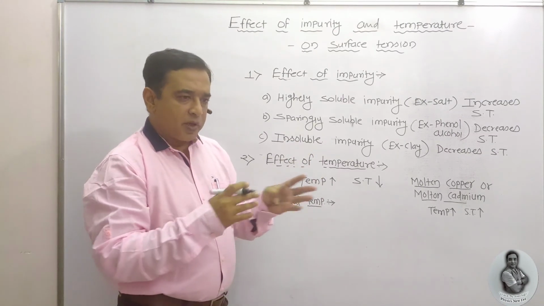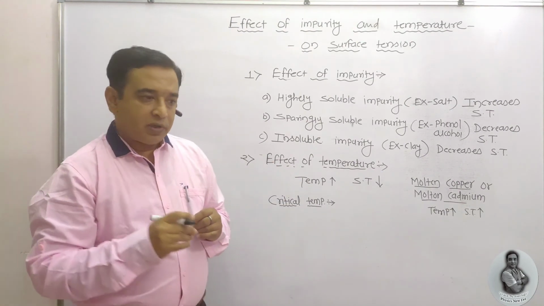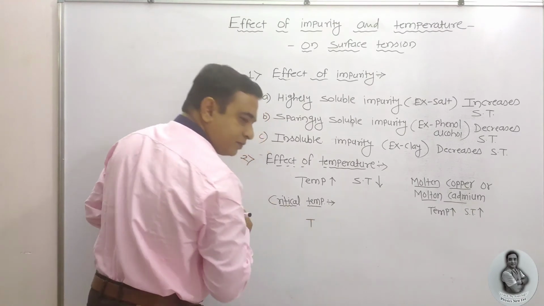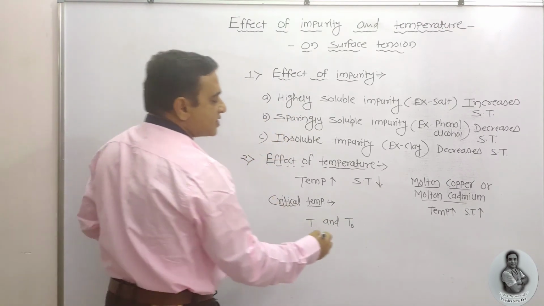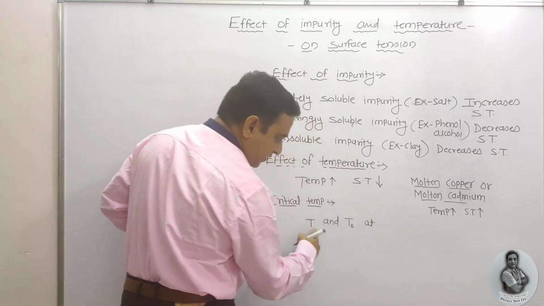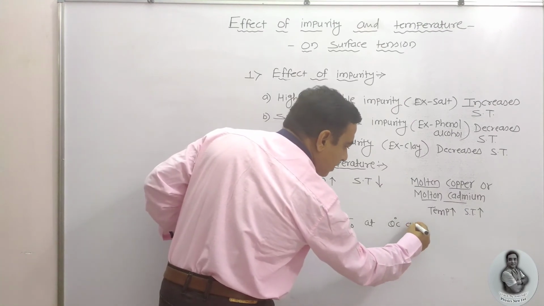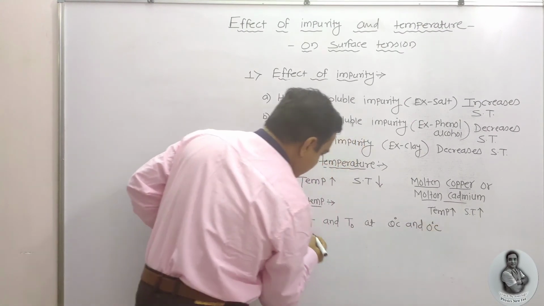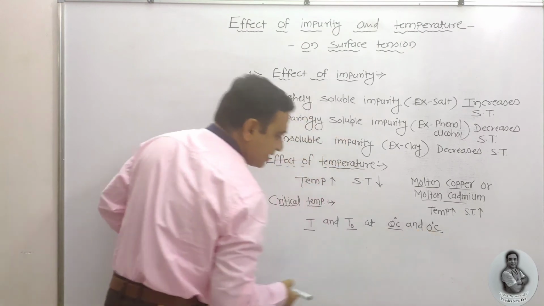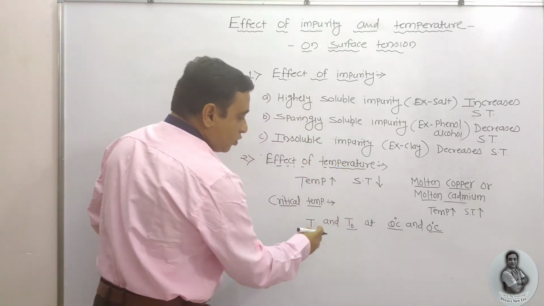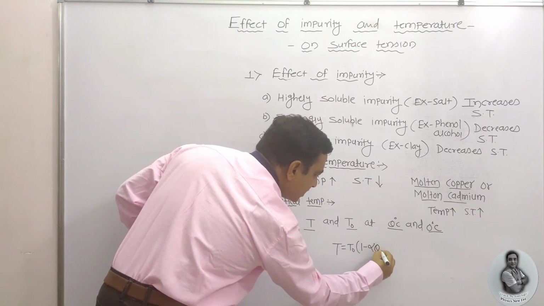Now, if you want to compare the surface tension at different temperatures, if T and T0 are the surface tension at theta degree Celsius and 0 degree Celsius, then the formula to obtain the relation between these two is T is equal to T0 into bracket 1 minus alpha theta.